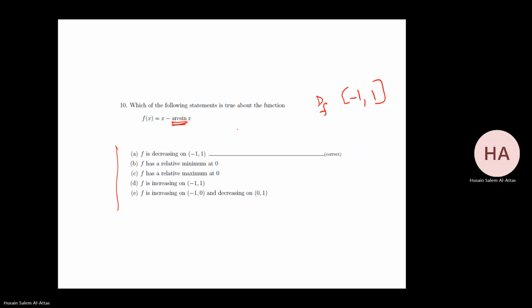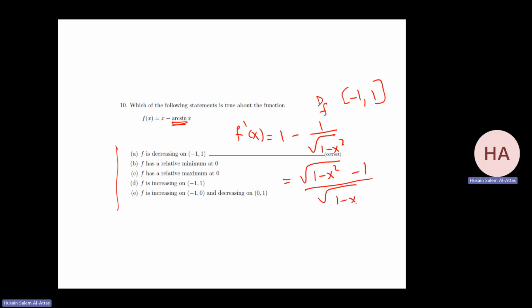So I need to find f prime. That will be 1 minus 1 over square root of 1 minus x squared. In other words, it's square root of 1 minus x squared minus 1 over square root of 1 minus x squared. That will be f prime.